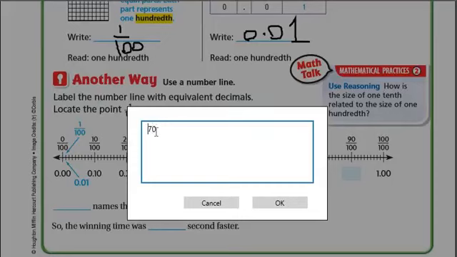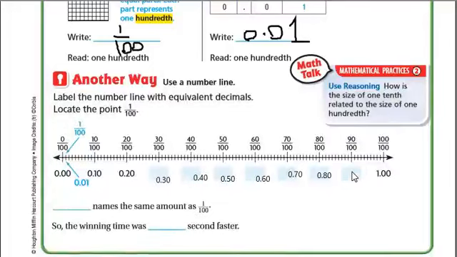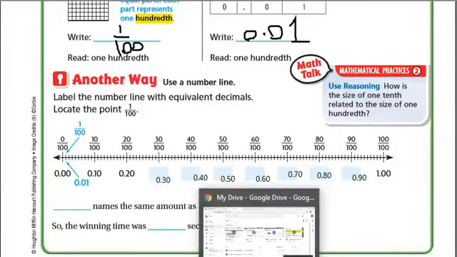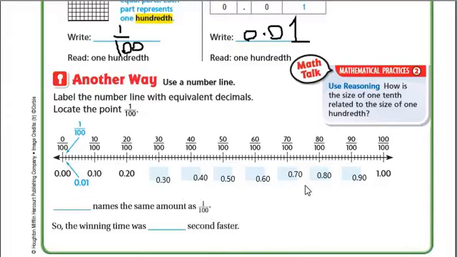Move 2 places to the left, put the decimal point, 0. 80. Move 2 places to the left, decimal point, 0. 90. Move 2 places to the left, decimal point, 0. Do you see? Now we placed the decimal numbers on the number line.